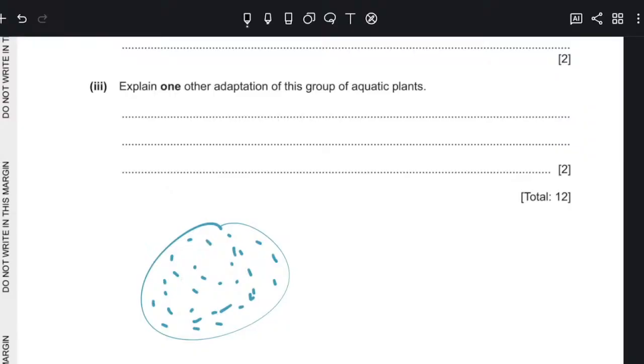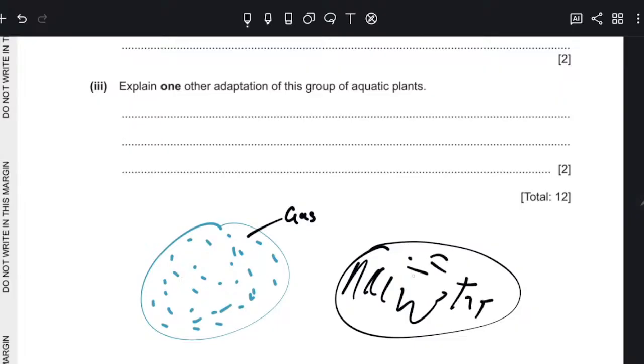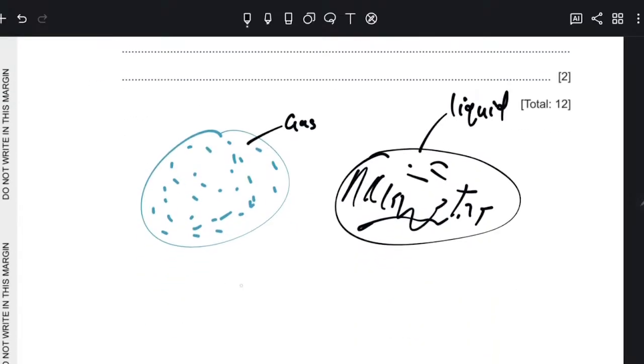The whole ship is not filled with water or whatever. There's a lot of empty space for human beings to move. That is why they can float. It's because if you have a gas versus if you have the same thing but with a liquid, versus if you have the same thing but with a solid.